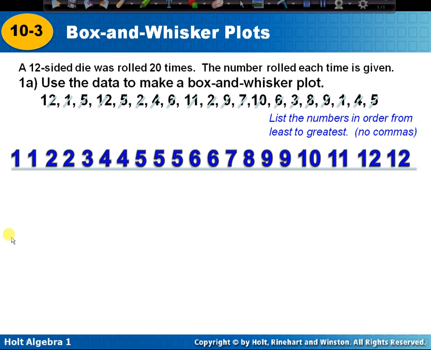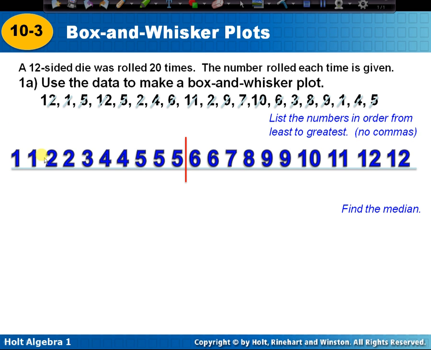Now we're going to go through. We said to make a box and whisker plot, we needed the minimum, the Q1, Q2, Q3, and the maximum. So we're going to look at these numbers and find that. First thing we're going to do is find the median, and the median means the middle. So I'm going to find the middle of all these numbers, and it's right here between this 5 and this 6. You find the middle by counting how many numbers we have total.